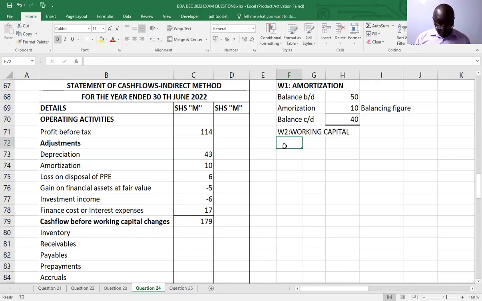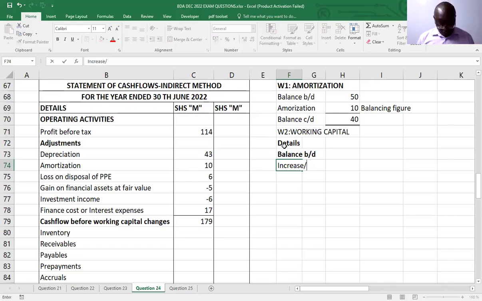So I will have details here. And my format, obviously, will have the opening balance, or the balance brought down. We will have either an increase, an increase will be positive, increase stroke decrease.